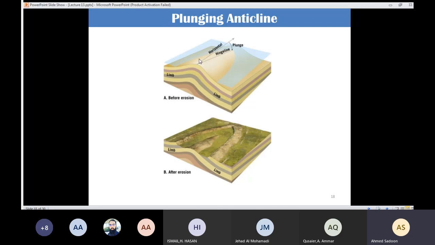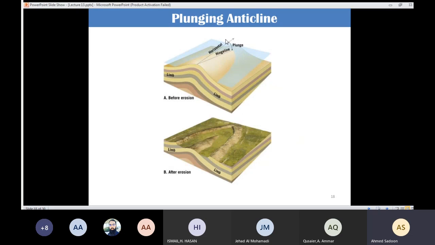If you draw a horizontal line, that means I have displacement between that line and that plane. It's going to equal that distance here. And if you have plunging anticlines, in that case, the axis of the fold is going to penetrate inside that plane.